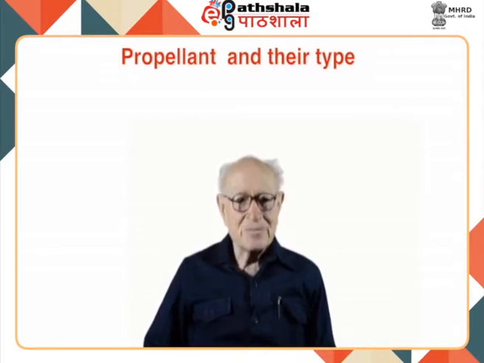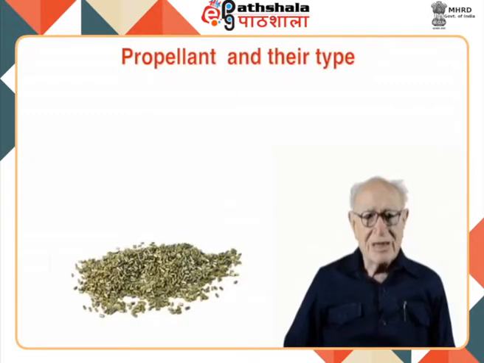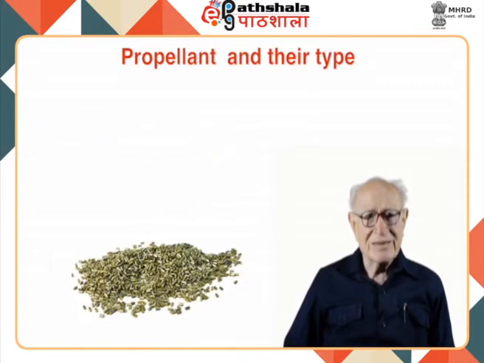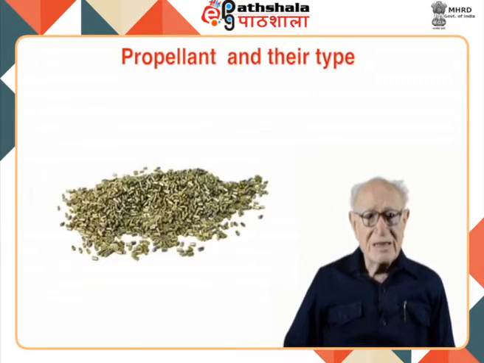Smokeless powder. The modern high velocity era started with the use of smokeless powders. The basic constituents of the smokeless powders are nitroglycerin and nitrocellulose, which is also called gun cotton. Nitrocellulose is either used alone or in combination with nitroglycerin to form propellants.